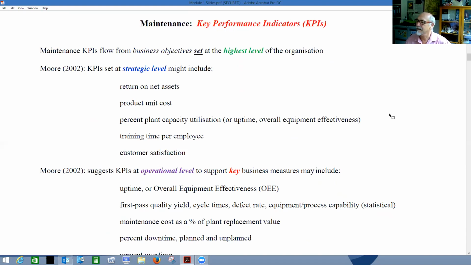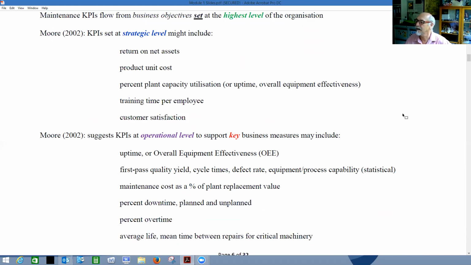Moore also suggests that the key performance indicators at operational level are key to supporting the business measures. These include uptime or overall equipment effectiveness, first pass quality yields, cycle times, defect rate, equipment process capability, again keeping all data and doing some statistical analysis. Maintenance costs as a percentage of the plant replacement value, percentage of downtimes, planned and unplanned downtimes.